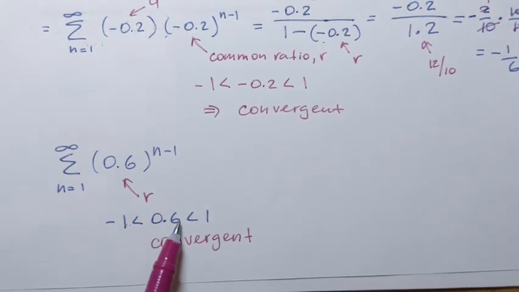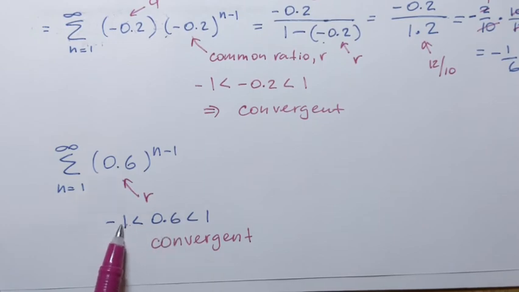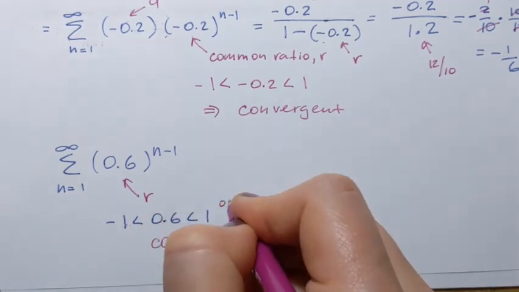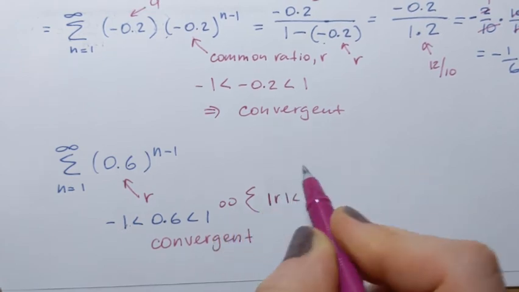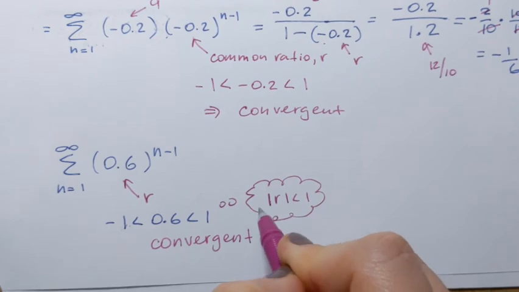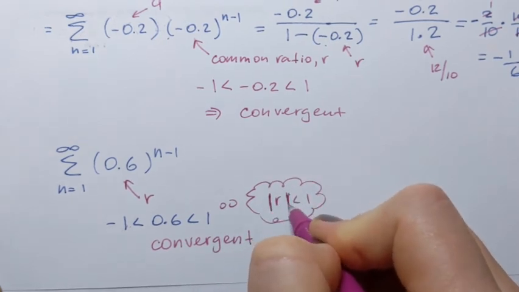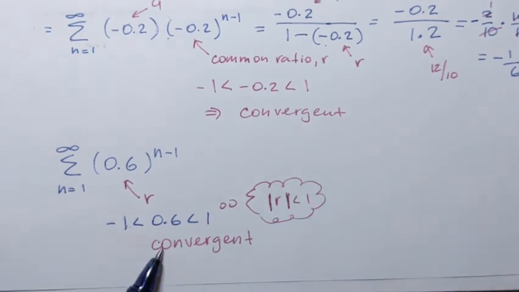By the way, when I say that the common ratio is between negative 1 and 1, it's the same thing as saying the absolute value of the common ratio is less than 1, right? That's another way to say that. Okay, so it's also convergent.